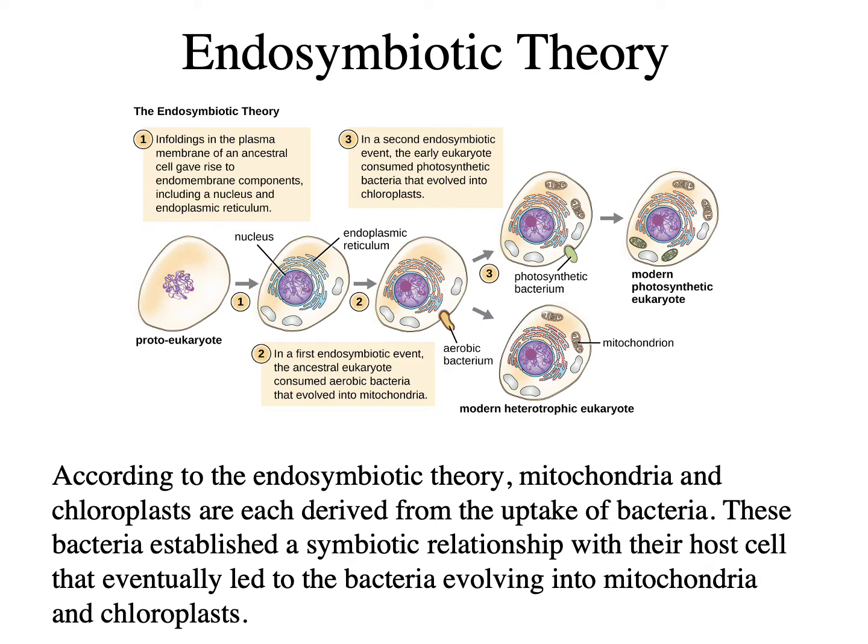You need to understand the endosymbiotic theory and be able to present information that proves this theory on an exam. So the endosymbiotic theory states that at some point a eukaryotic cell engulfed a bacteria.